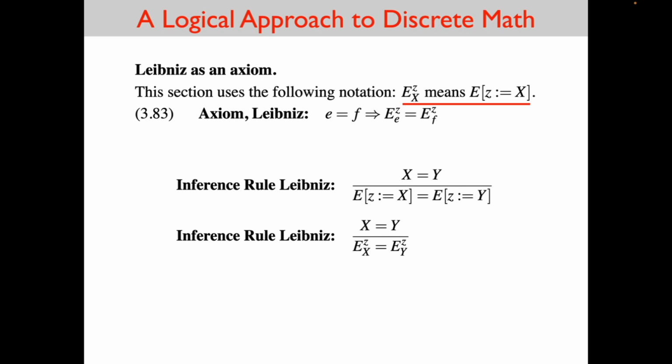That's because this axiom Leibniz not only applies to Booleans, but it also applies to numbers and sets and other mathematical quantities. You should recall that one of the differences between equals and equivales is that equivales is always between two Boolean expressions.